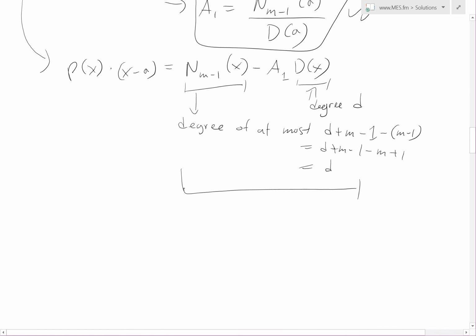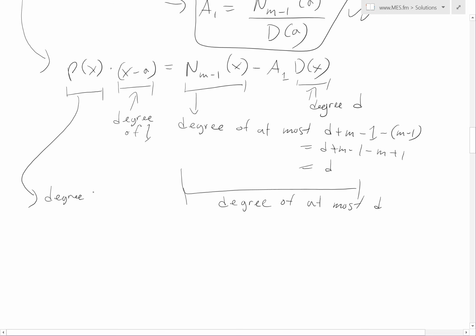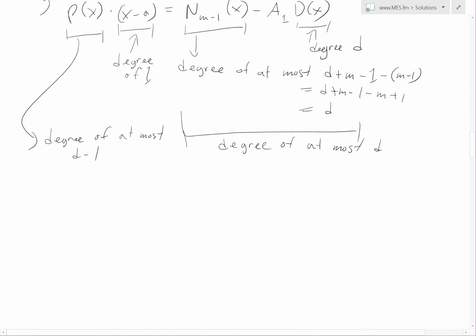So basically this whole thing has a degree of at most d, d or d, doesn't matter which one it is. So what this means is if we have this, and now this is degree 1, then the left side has to be degree d combined, so this p of x is degree of at most d minus 1.